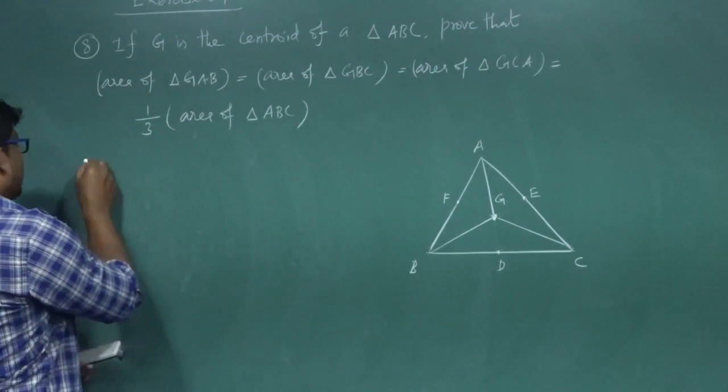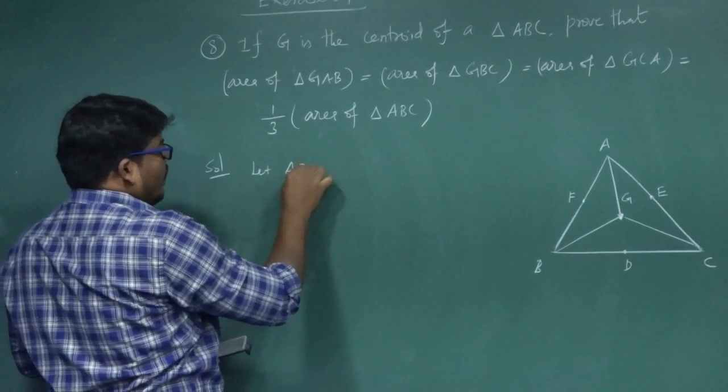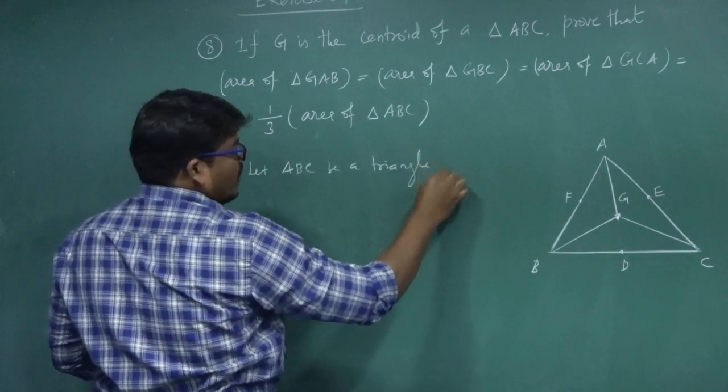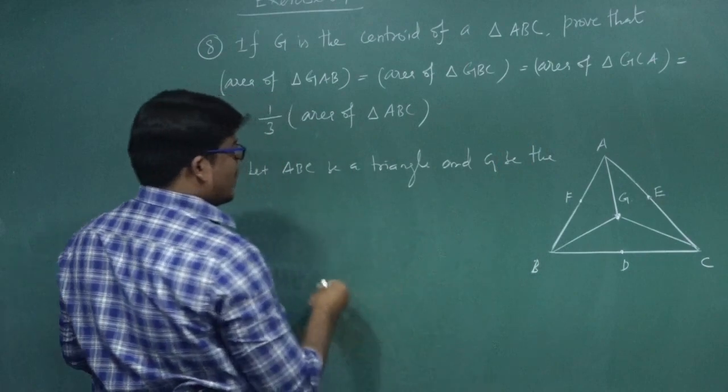Let ABC be a triangle, and let G be the centroid of the triangle.